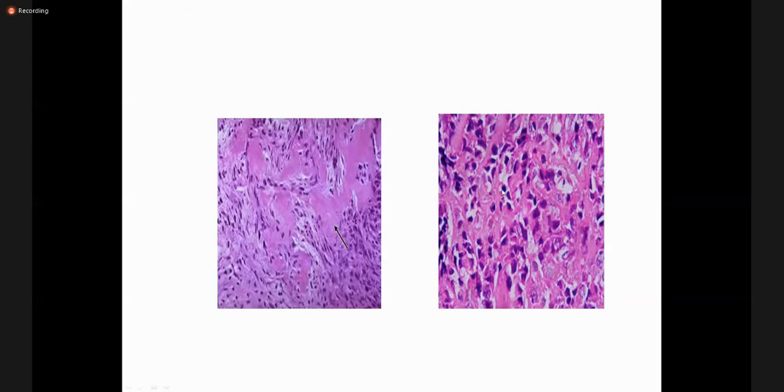This is some high-grade type of osteosarcoma. There are pleomorphic hyperchromatic nuclei, and there is in-between bone formation. These pinkish areas have no cells, but still they have neoplastic cells at the periphery. This represents the malignant bone formation.